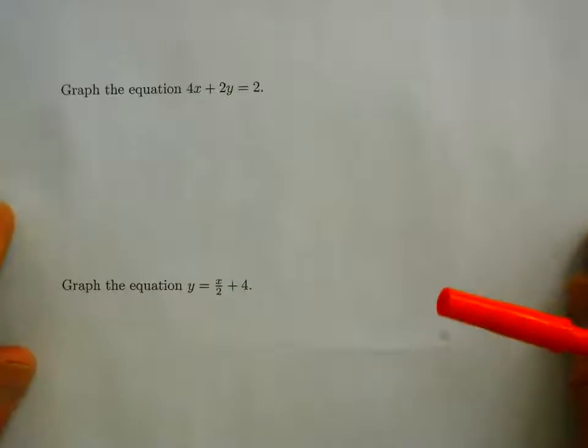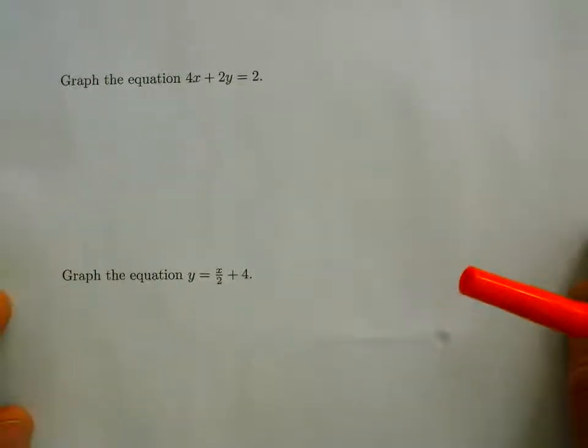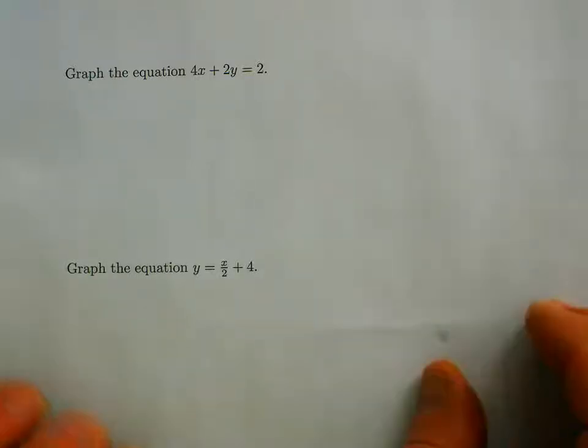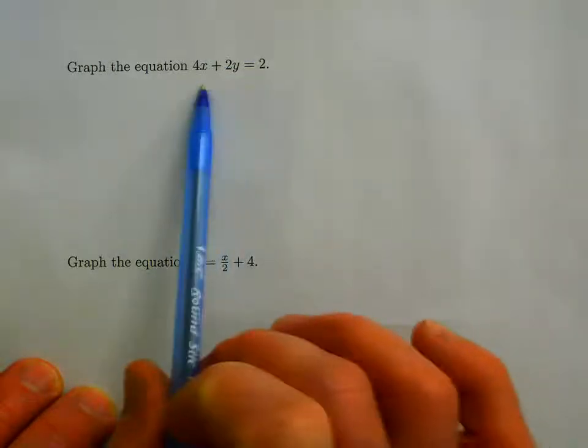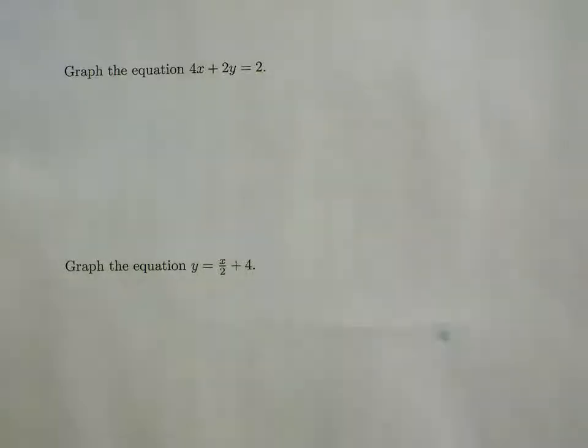Okay, we can graph these two equations in the next couple of minutes. Graph the equation 4x plus 2y equals 2 to start with. After today, we have more options for graphing equations. We can always use the x and y intercepts.